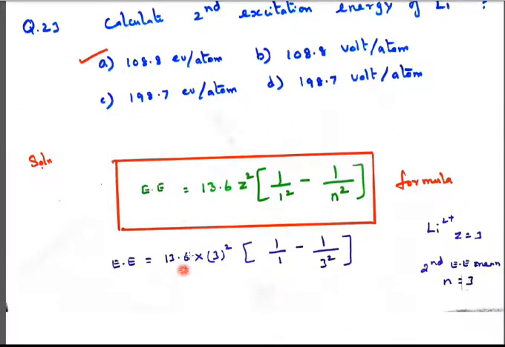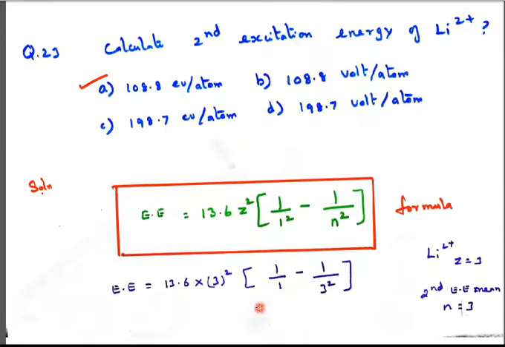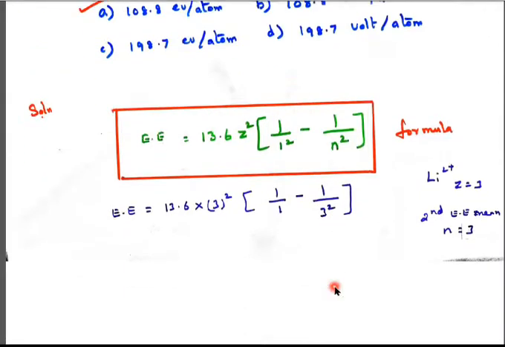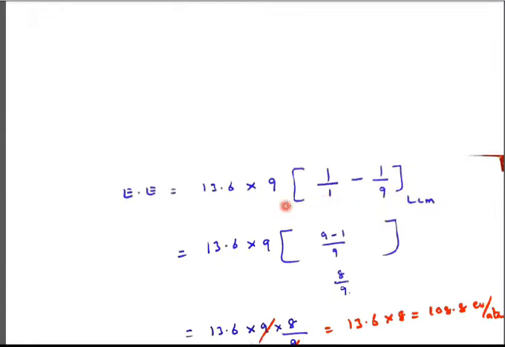So here 13.6 z square for this lithium, already I told you z is equal to 3, so 3 square. And it is a second excitation energy, so n is equal to 3. So what is this: 1 by 1 square minus 1 by 3 square. We are getting the answer after taking the LCM. Let us see this: 13.6 into 9, 1 by 1 minus 1 by 9.